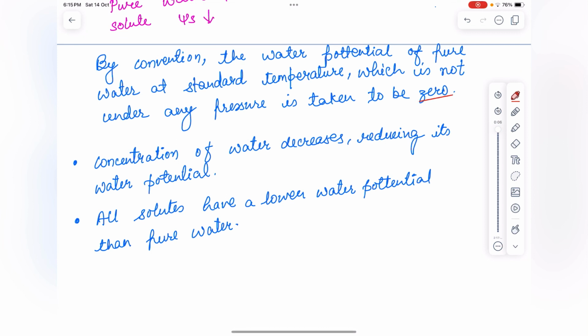Concentration of water decreases, reducing its water potential. All solutes have a lower water potential than pure water. Now, if a pressure greater than atmospheric pressure is applied to pure water or a solution, its potential increases.